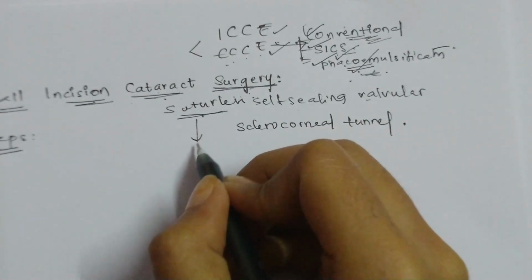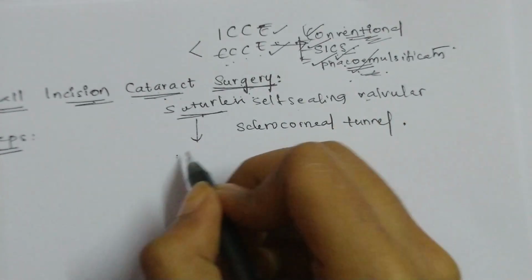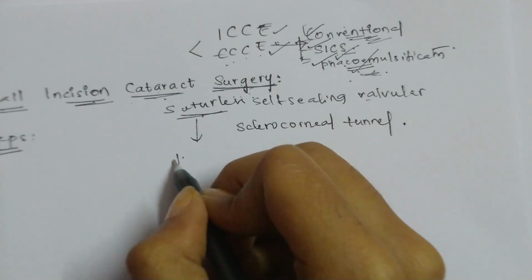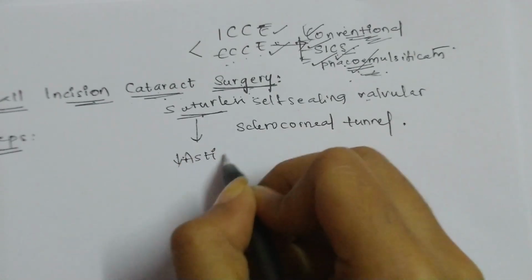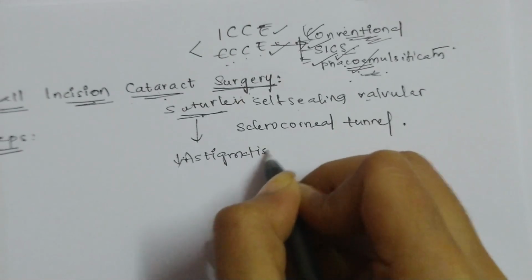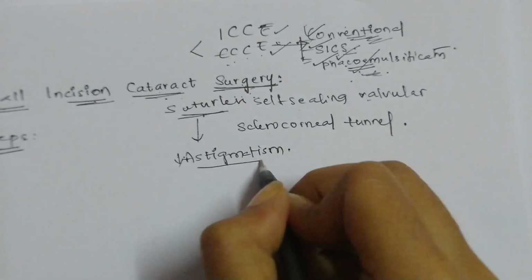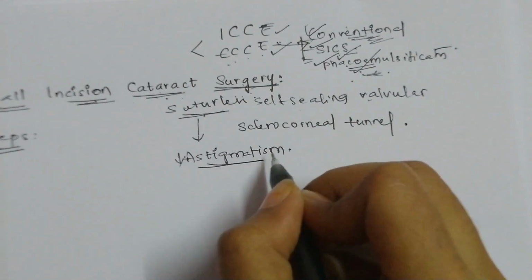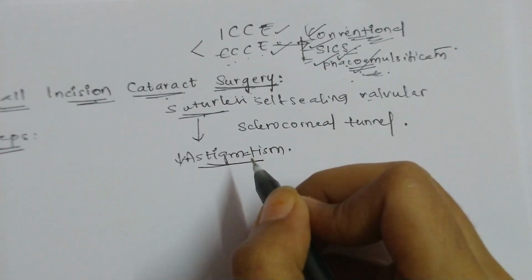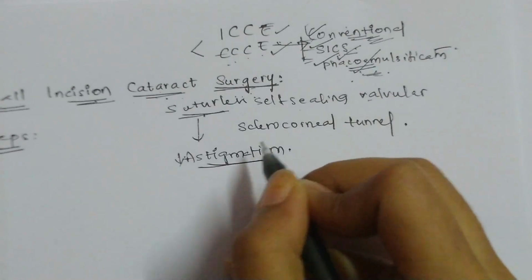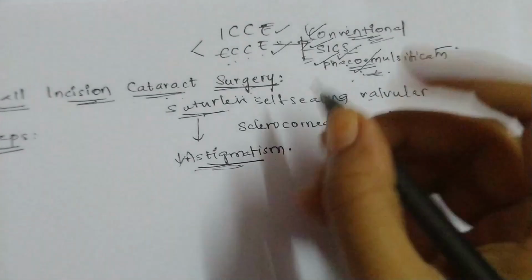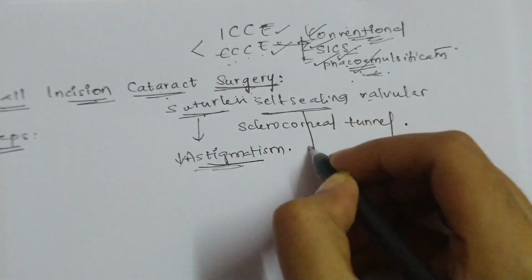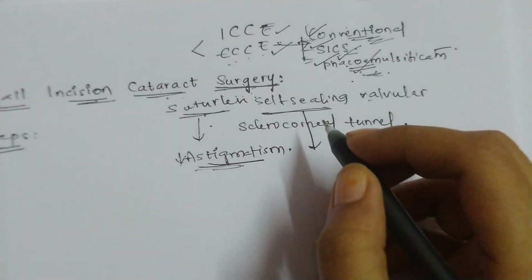That means you need not apply any kind of sutures. So there are decreased chances of astigmatism. What is astigmatism? This is irregularity in the surface of the cornea that leads to some kind of refractive error and decreased vision. That is astigmatism. Self-sealing. Self-sealing means there is no need of suture.